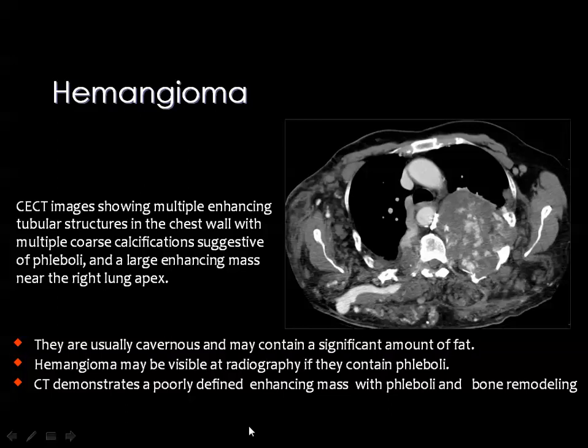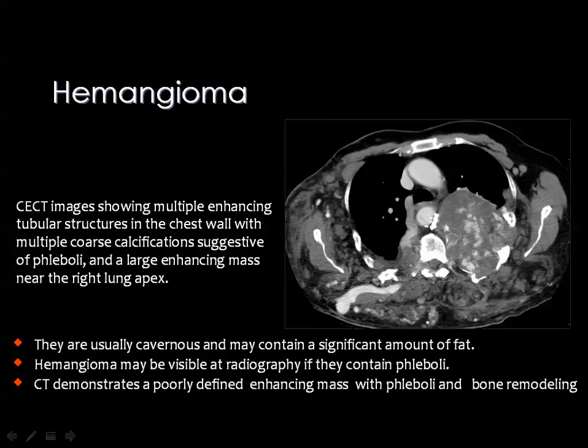The hemangioma of the chest wall is also one of the well-known lesions. And hemangioma is easily diagnosed by contrast-enhanced CT, and can also be diagnosed carefully by the MRI, considering that the hemangioma will show a very bright signal on T2 weighted image, and if you inject contrast media, it will enhance significantly.